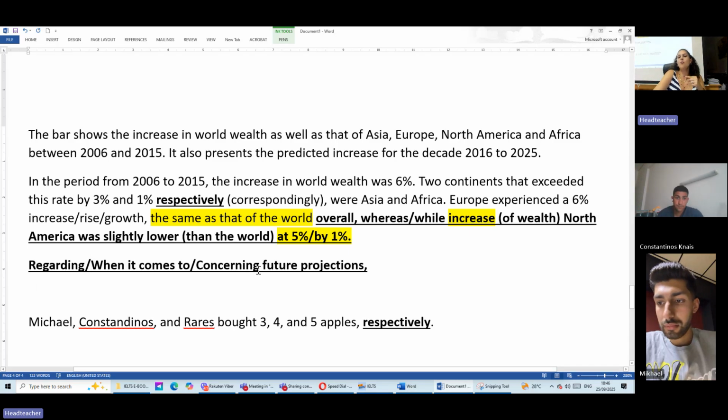I don't want you to use the same word over and over again. So that's why I'm giving you alternatives. Regarding, concerning, when it comes to future projections.